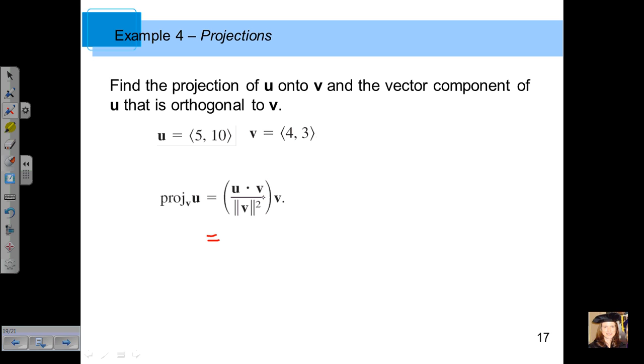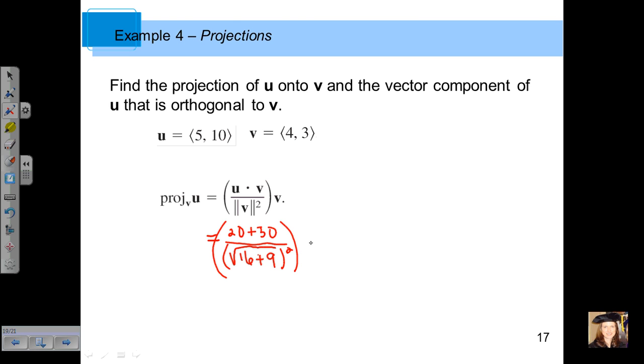That would be the part in the numerator, U dot V. 5 times 4 is 20, plus 10 times 3 is 30, over the magnitude of V squared. Well, the magnitude of V would be the square root of 4 squared plus 3 squared. That would be 16 plus 9. That quantity squared, all of that times the V vector.